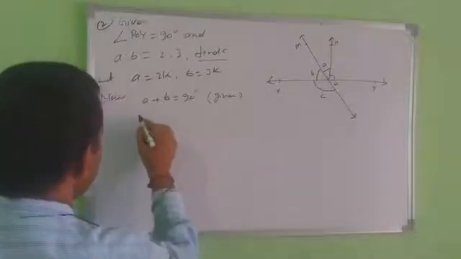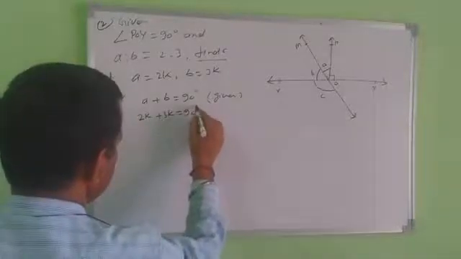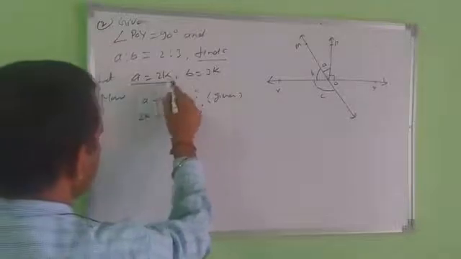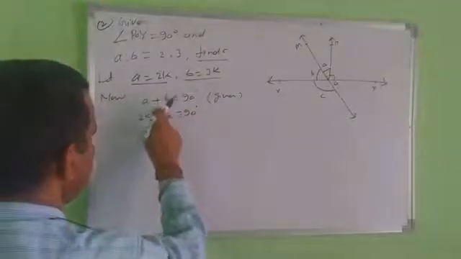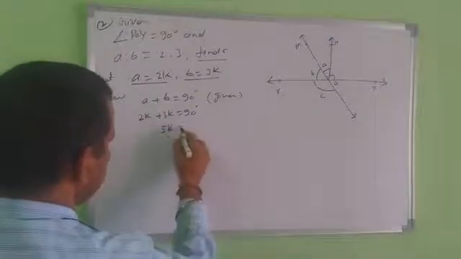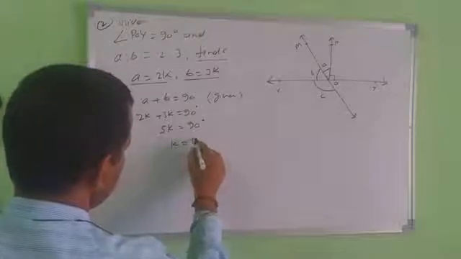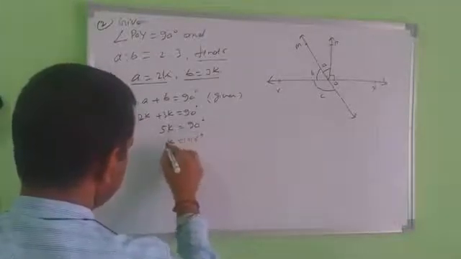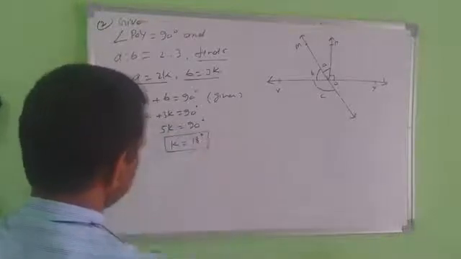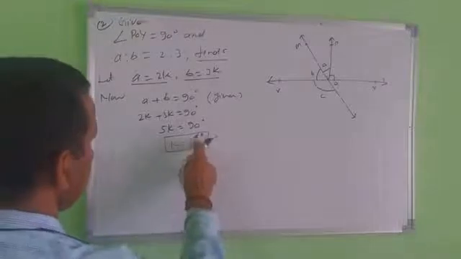And what is the value of A? 2K plus 3K equal to 90 degrees. That means the value of A is 2K and the value of B is 3K. So put the values in place of A and B here. So this is 5K equal to 90 degrees. So the value of K equals 90 divided by 5, which is 18 degrees. So the value of K equals 18 degrees.